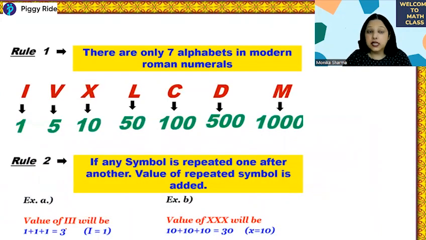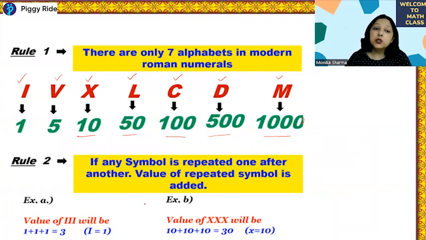Rule number 1 is that there are only 7 alphabets in modern Roman numerals: I, V, X, L, C, D, and M. I is for 1, V is for 5, X is for 10, L is for 50, C is for 100, D is for 500, and M is for 1000. There is no other alphabet which we can use in Roman numerals. So these are the only 7 fixed alphabets.